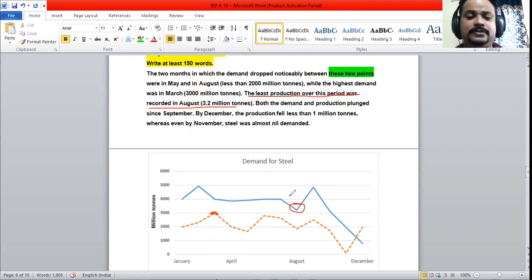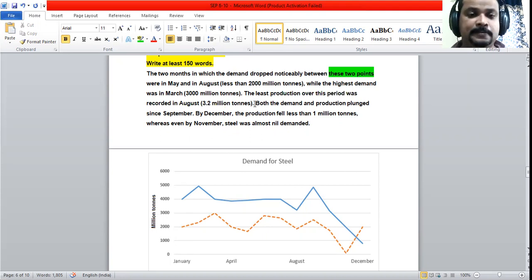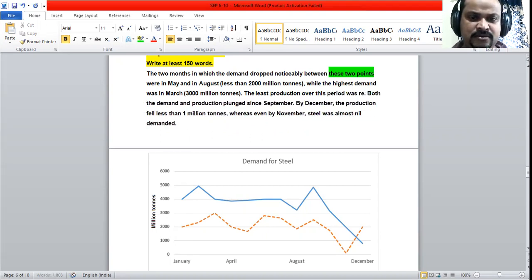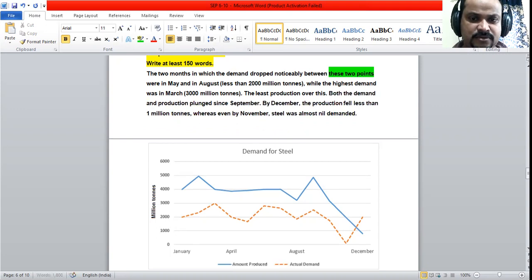It's not a significant thing here because I cannot compare this to another. The highest demand, the lowest demand, and the least production, I cannot compare these. I don't have that much significance here. So what I do is I just cancel this. I don't need this particular information here. I just edit it and cut it out. That's it.